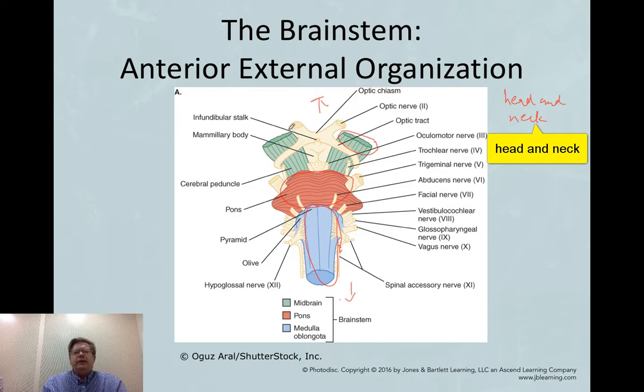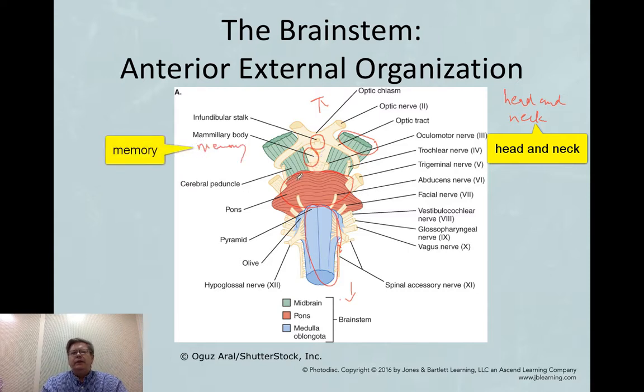The first one is the infundibular stalk, which is located here. This is just inferior to the optic chiasm. This is a relay from the thalamus to the cortex. We've got the mammillary bodies here, which are important for memory.